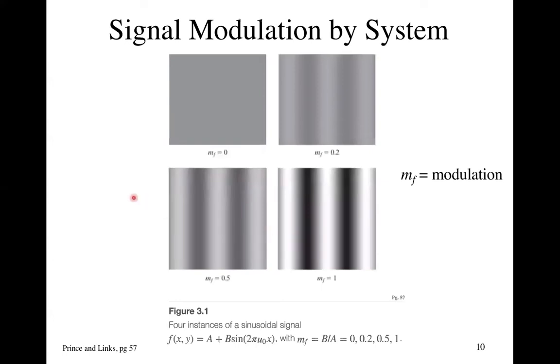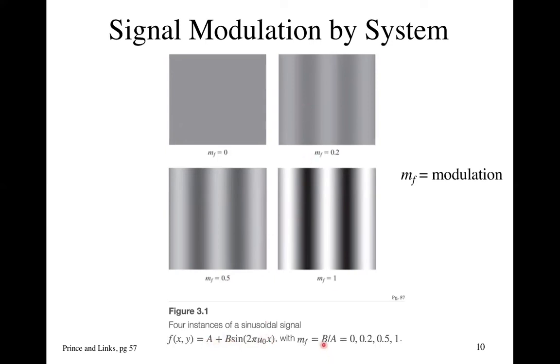Okay, so going back to characterizing our signal and our system with Fourier components, let's look at this example where we have a signal that has a DC component, like a background value, and then we're going to add a modulation on top of that DC component, and that modulation comes in the form of a plane wave or a sinusoidal oscillation. A is our DC background value here, and B times this sine gives a modulation around that background, right?